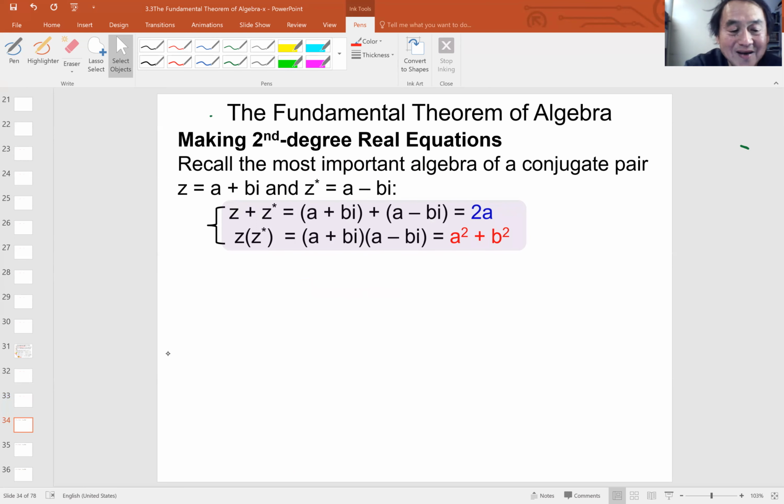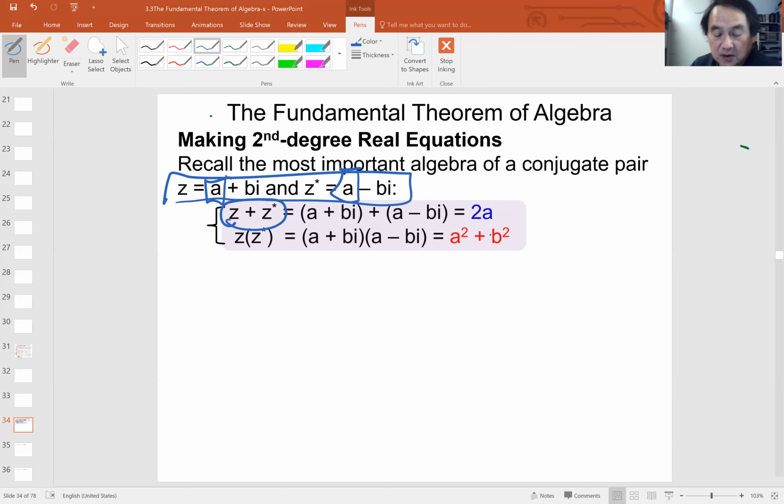So here are some examples. What kind of exercise can we do? We can actually construct the polynomial if I give you a complex root. Notice if I have a conjugate pair and I add them, I get twice the number a. If I multiply them, I get a squared plus b squared.